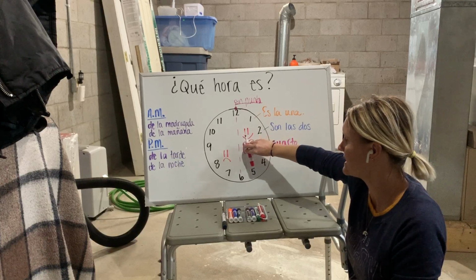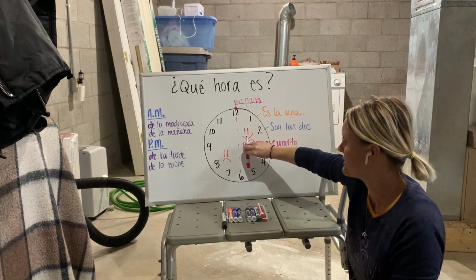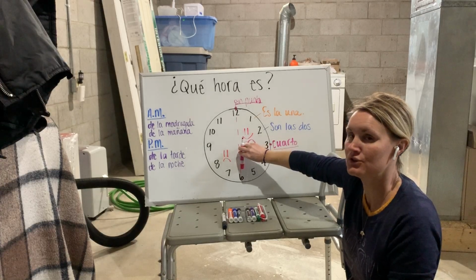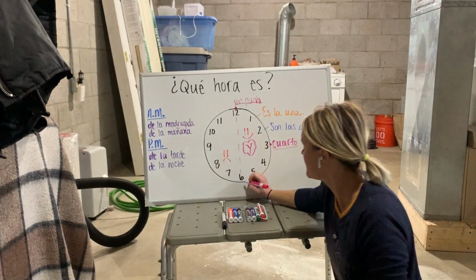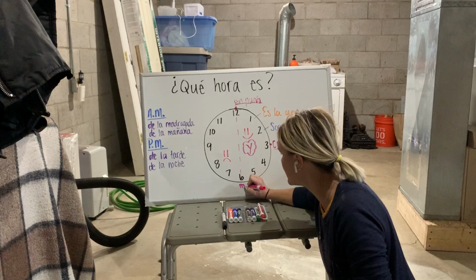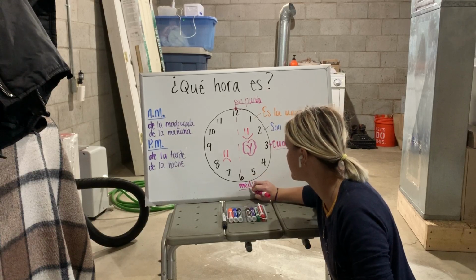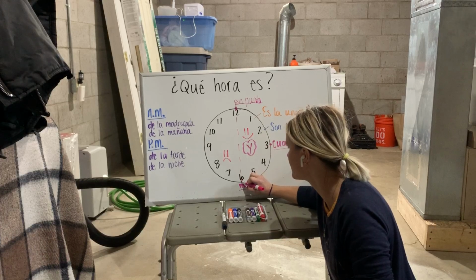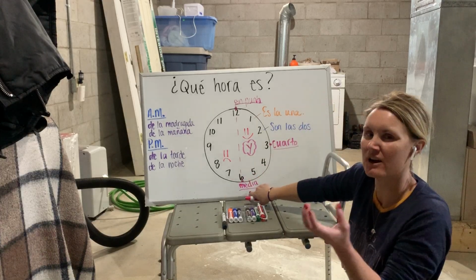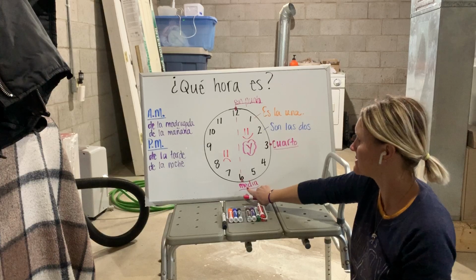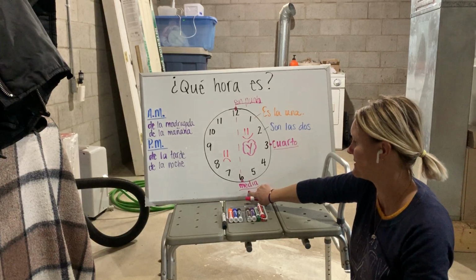Es la una y 25. Es la una y 30. Or you could say es la una y media. And that means like our half. It's half past. So es la una y media.